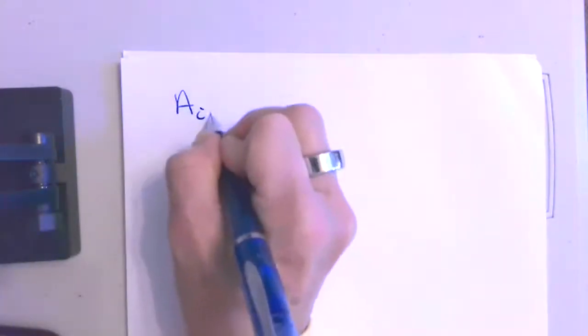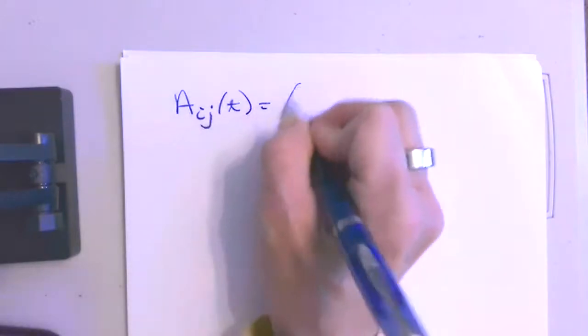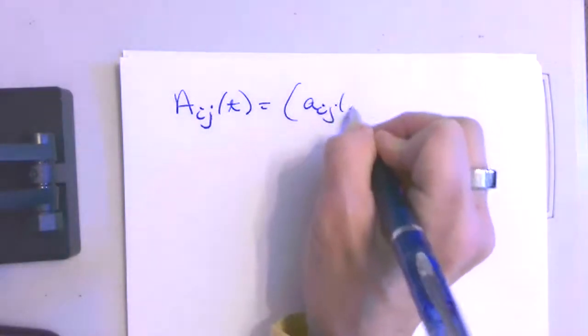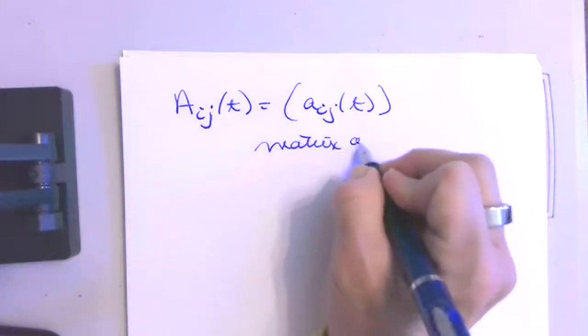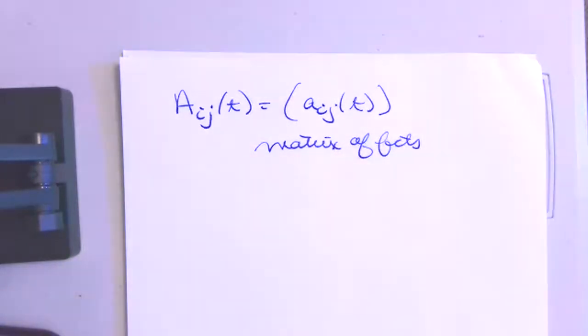Okay. All right, so the last thing I want to mention from this section is that we can have matrices made of functions. So you could have a matrix A with entries a_ij of t. So this is a matrix of functions, okay?